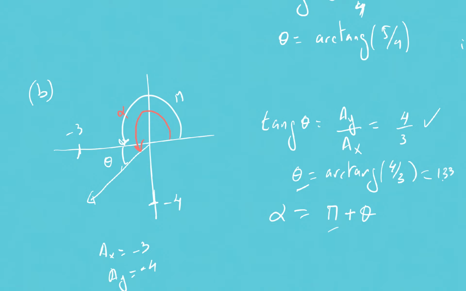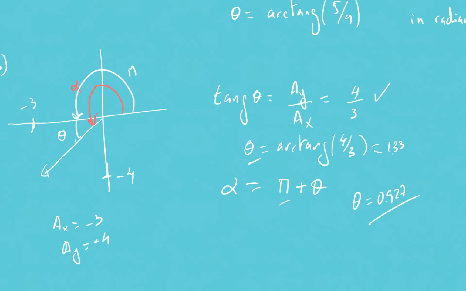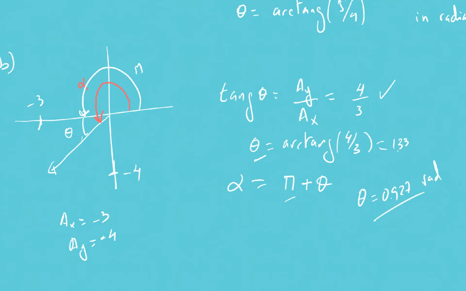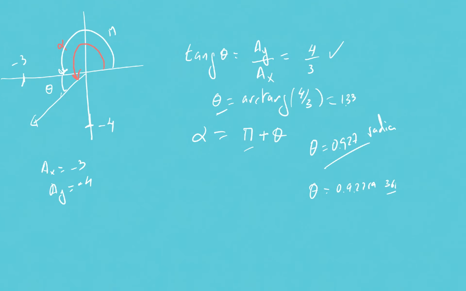So the angle theta will be 0.927. Radians. If I want to convert to degrees, theta will be 0.927 radians multiplied by 360 divided by 2 pi.